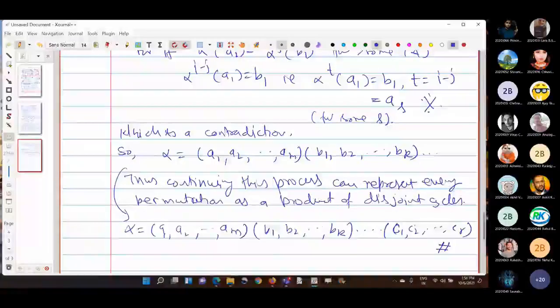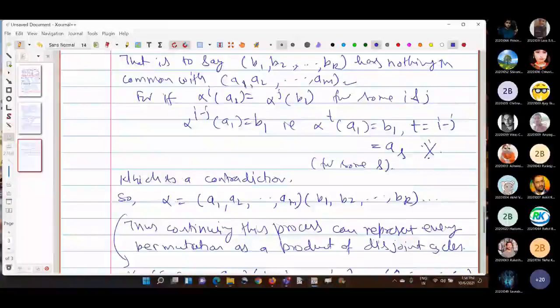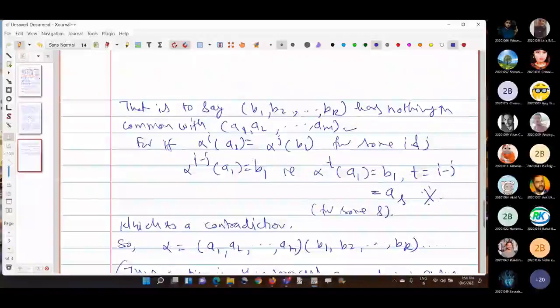Sir, I did not understand why this contradiction happened. Okay, so you mean how are we getting the contradiction? Because if you see here, when we apply alpha on A1, suppose this gives A2, then alpha of A2 gives A3.